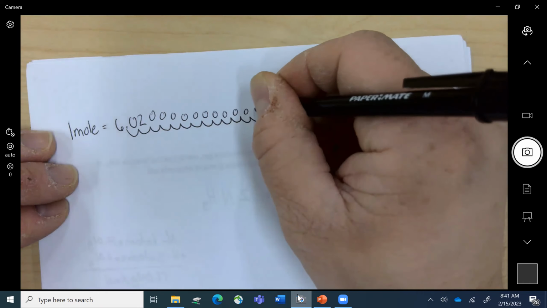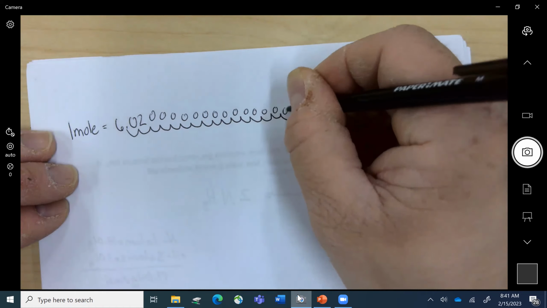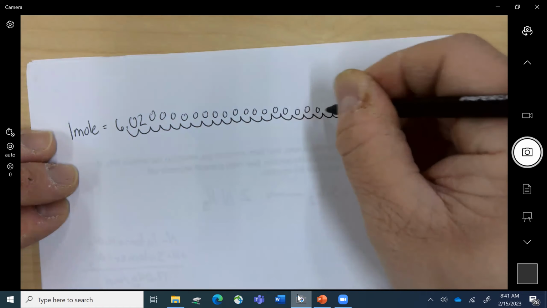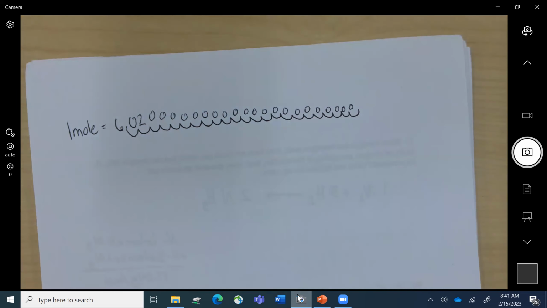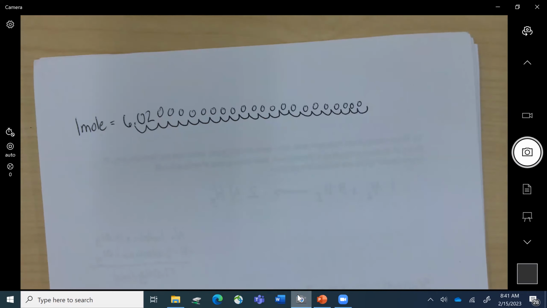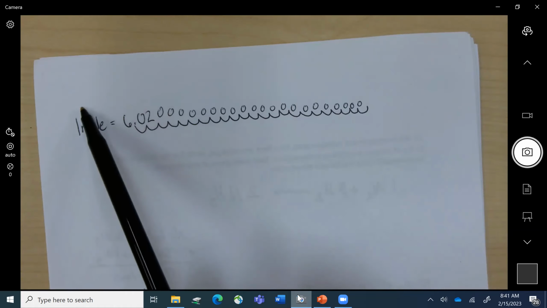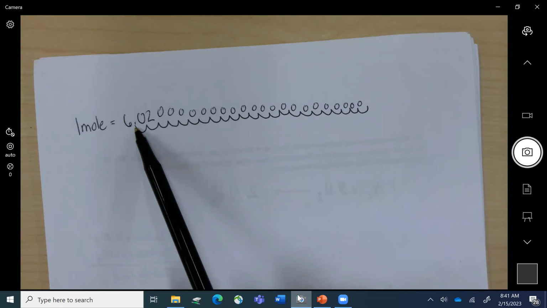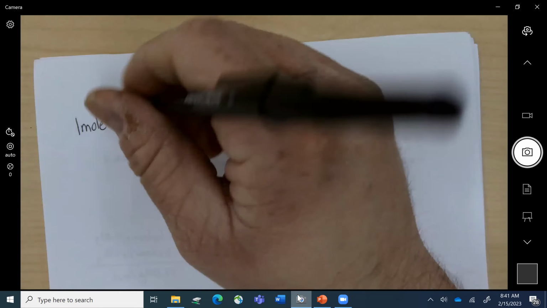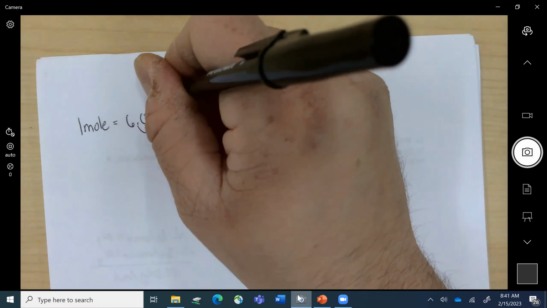There's a reason I'm doing this. That's a lot of zeros, isn't it? Just like 1 dozen represents 12, the number 12 over here on this side. If I wrote 1 dozen, it would equal 12 donuts. 1 mole equals 6.02, and yes, it was times 10 to the 23rd.